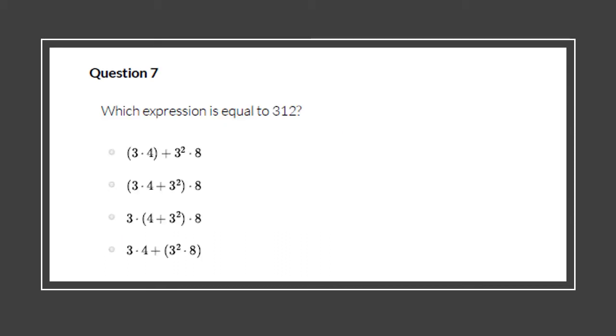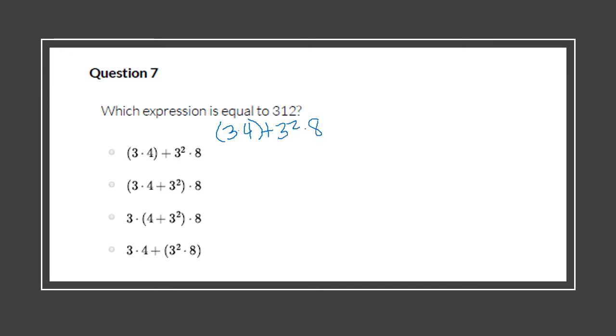Number 7. Which expression is equal to 312? So we're going to have to look at this and solve each separate problem. So on the first one, I've got 3 times 4 plus 3 squared times 8.